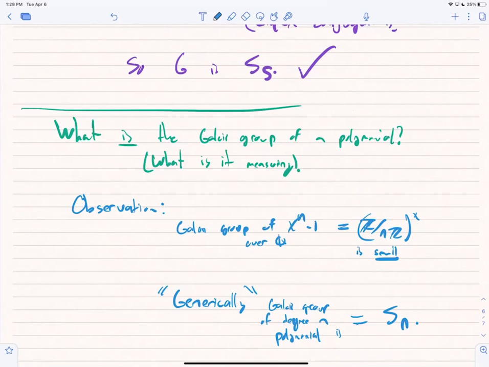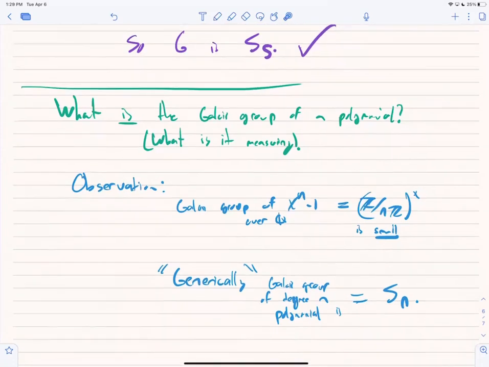And this result, where you treat the coefficients formally as variables, can be beefed up using something called Hilbert's irreducibility theorem to some version of the fact that when I plug in actual rational numbers for the coefficients, then generically in those rational numbers I'm going to get the Galois group Sn.